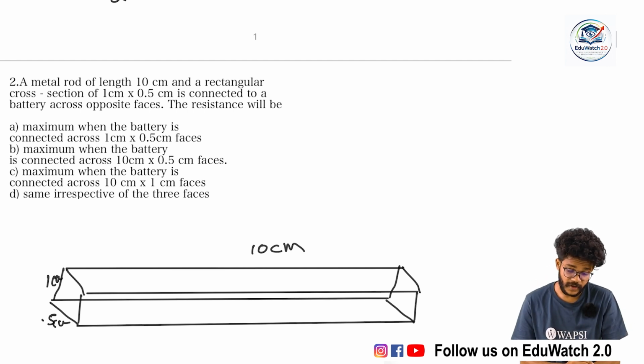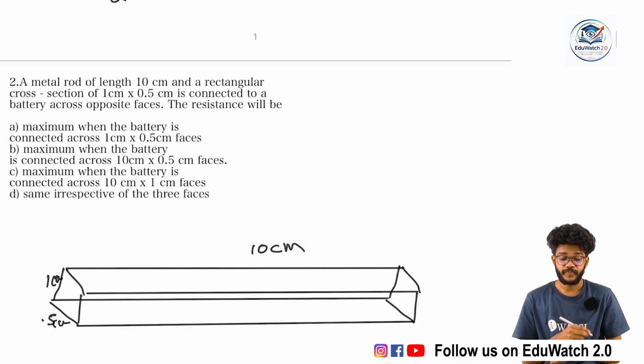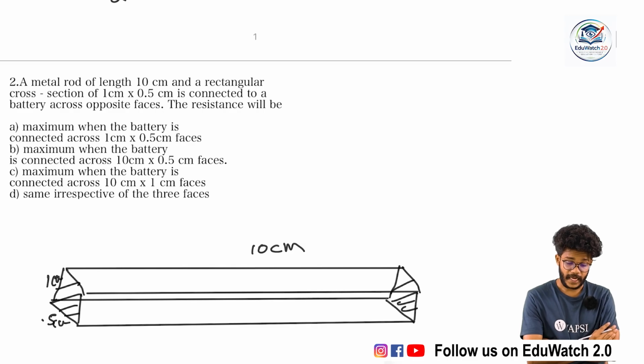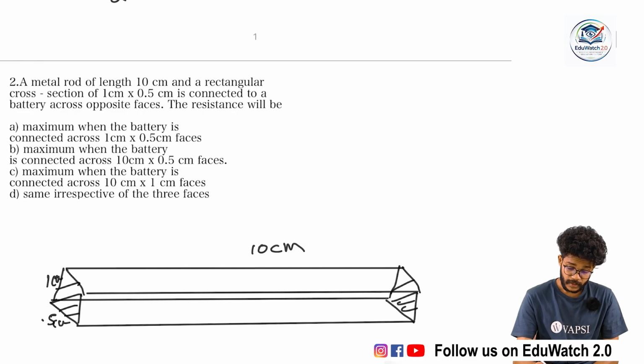The resistance will be maximum when? Option A: maximum when the battery is connected across the 1 centimeter into 0.5 centimeter faces. That means they are connected across these two faces. Option B: maximum when the battery is connected across 10 into 0.5, which is here and this.